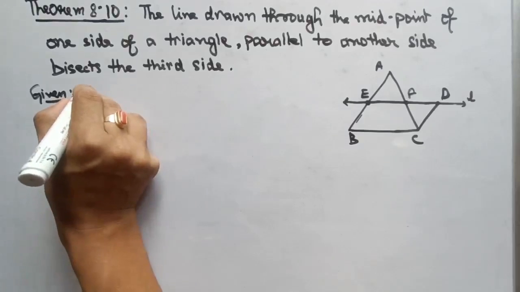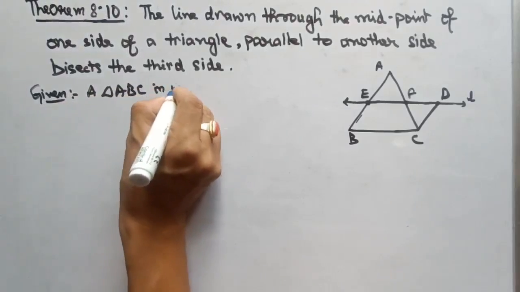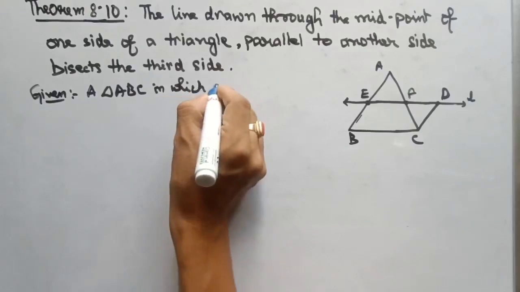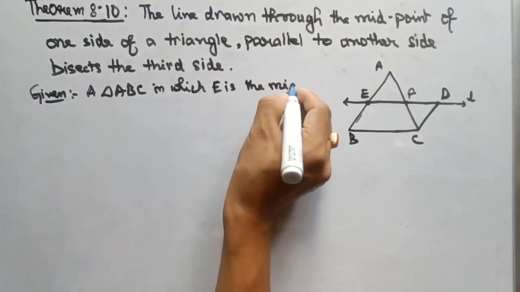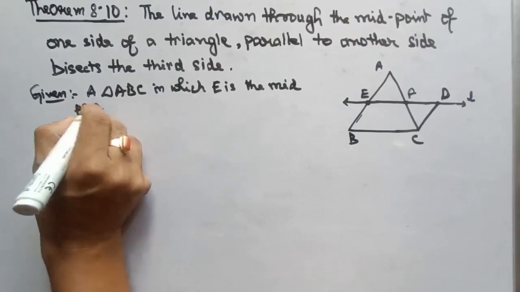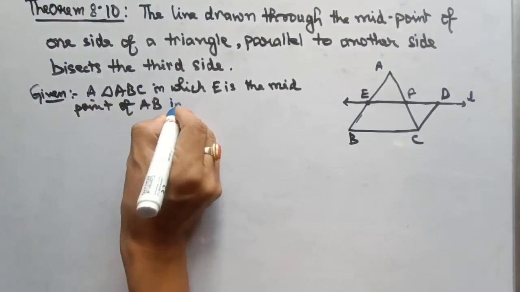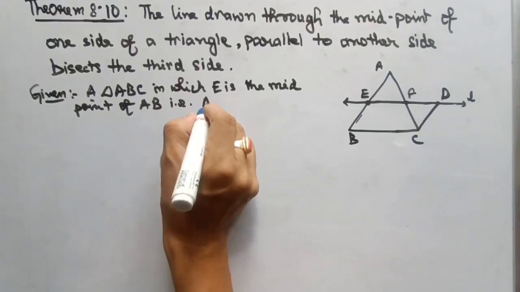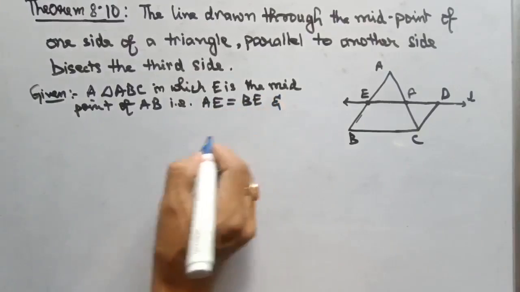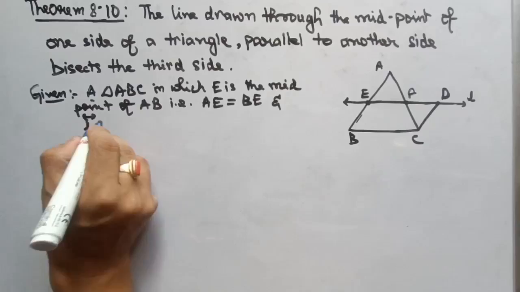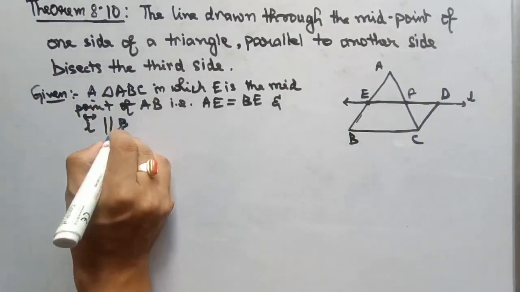Given a triangle ABC in which E is the midpoint of AB, that is AE is equal to BE, and the line L is parallel to one side of the triangle, that is BC.